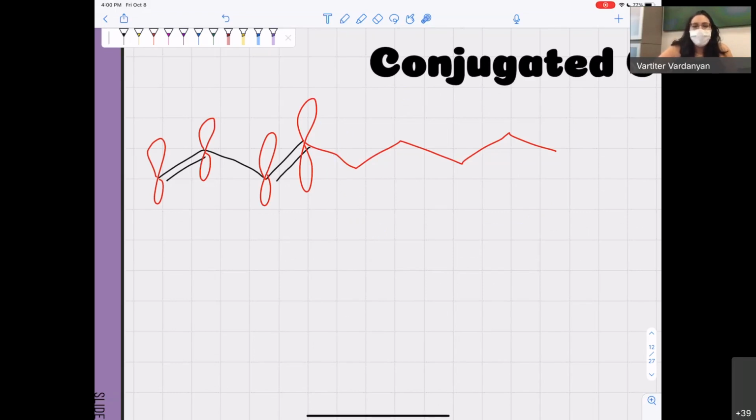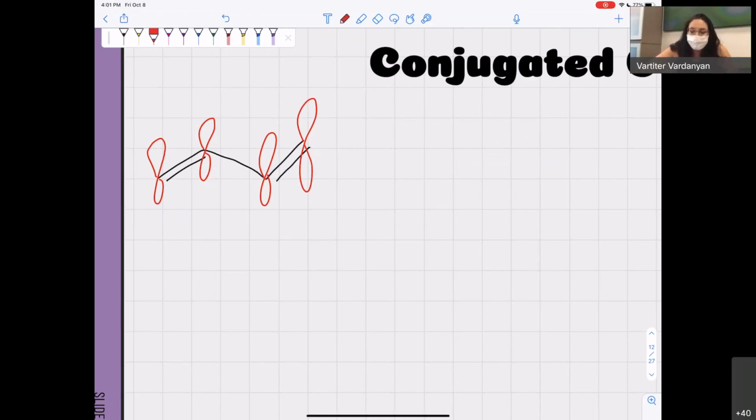So if he gives you pentadiene or hexadiene or heptadiene, it doesn't matter, right? What I'm telling you right now applies to a million carbon chain. If it's still a 1,3-diene, the rules apply. And I'll talk about that again and again and again.